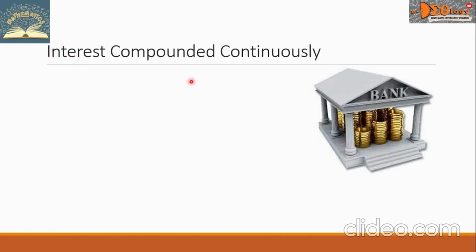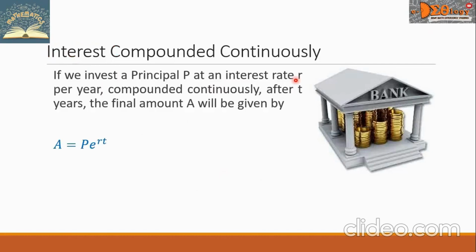For interest compounded continuously, if we invest a principal P at an interest rate R per year, compounded continuously, after T years, the final amount A will be given by this formula.